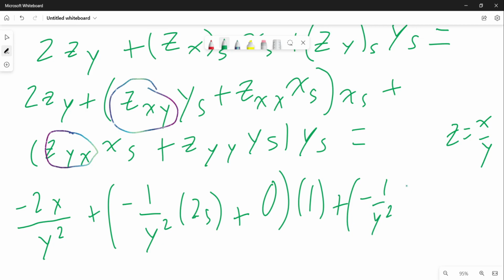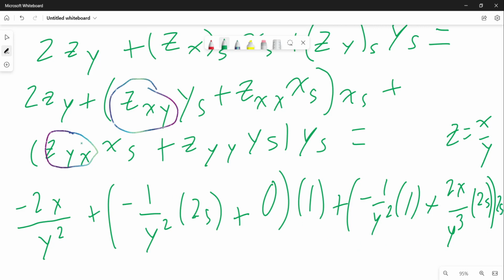Xs is 1, plus z double y is 2x over y cubed. Ys is 2s. All times ys, which is also 2s.